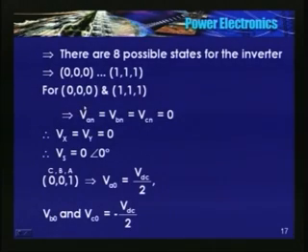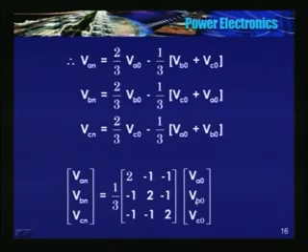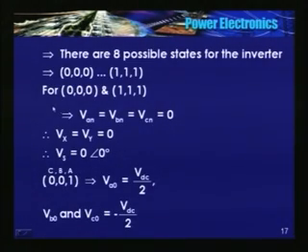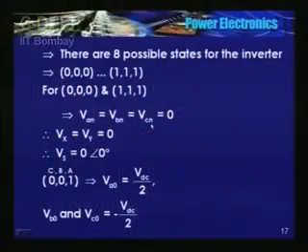If you substitute these values here, you will find that VAN, VBN, VCN are equal to 0. All 3 are zeros, which is obvious also, as all 3 points are connected to the same point.